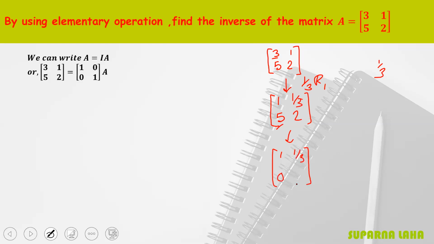Now let's find this one. How will we find this 0? That is, R2 minus 5R1. So 5 minus 5 into 1, 0. So 2 minus 5 into 1/3. That means that will be 1/3.